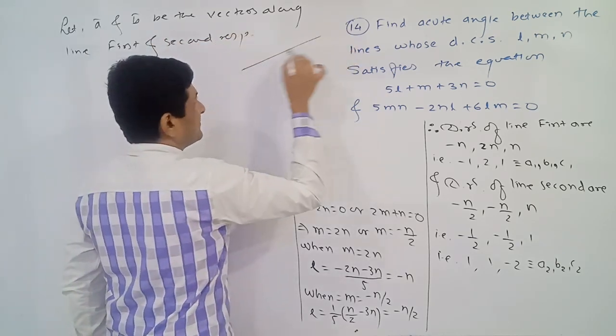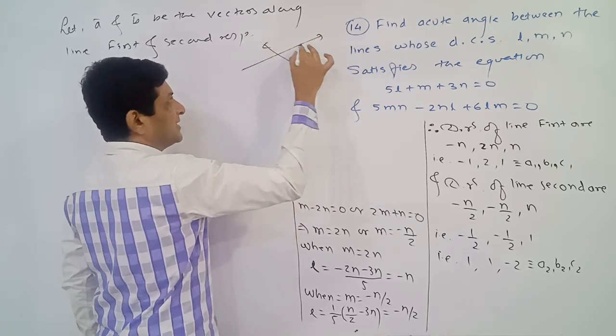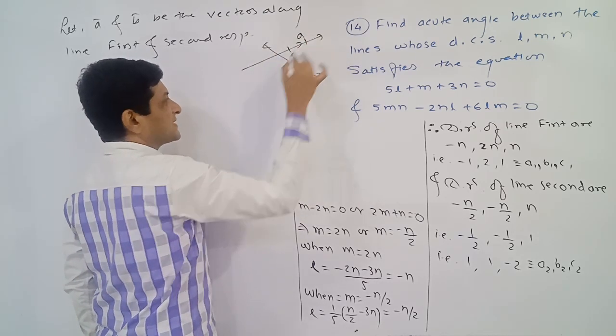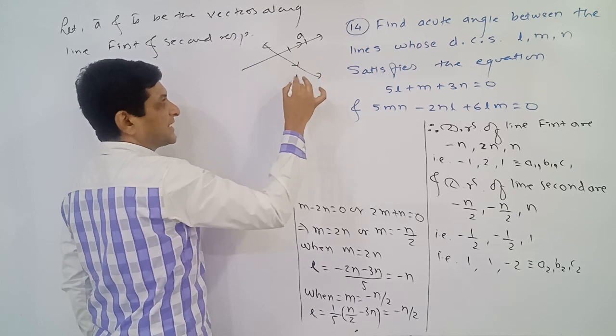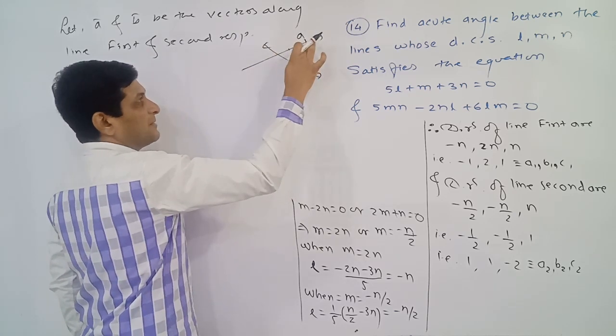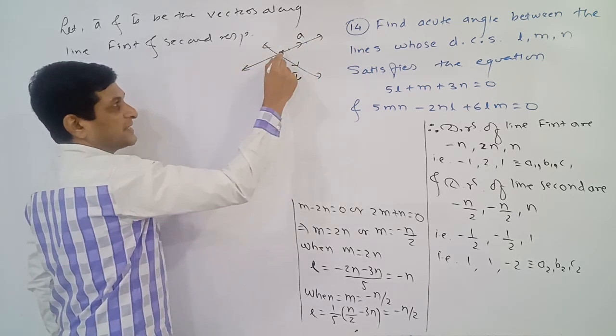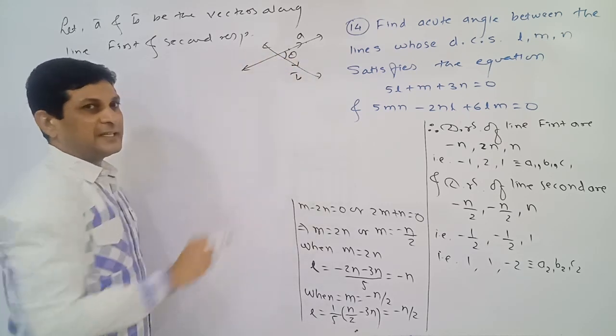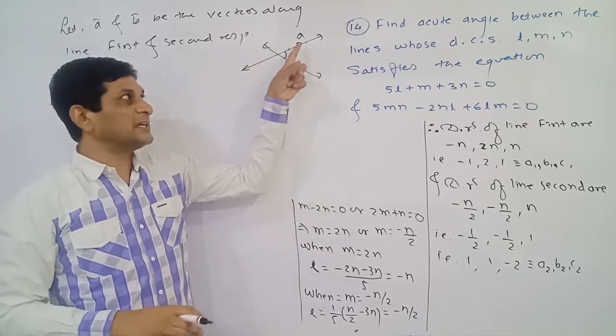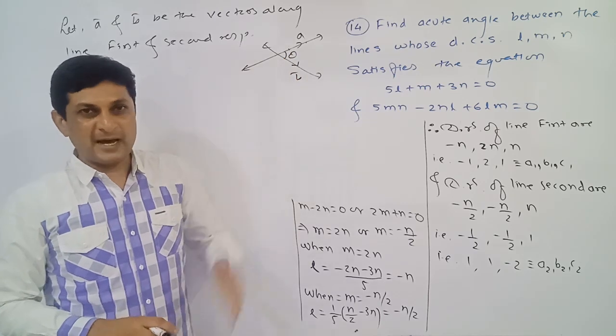Here, let this be the first line and this be the second line. We are denoting the vector along the first line by a bar and the vector along the second line by b bar. If theta is the angle between these two lines, then theta is the angle between a bar and b bar also.